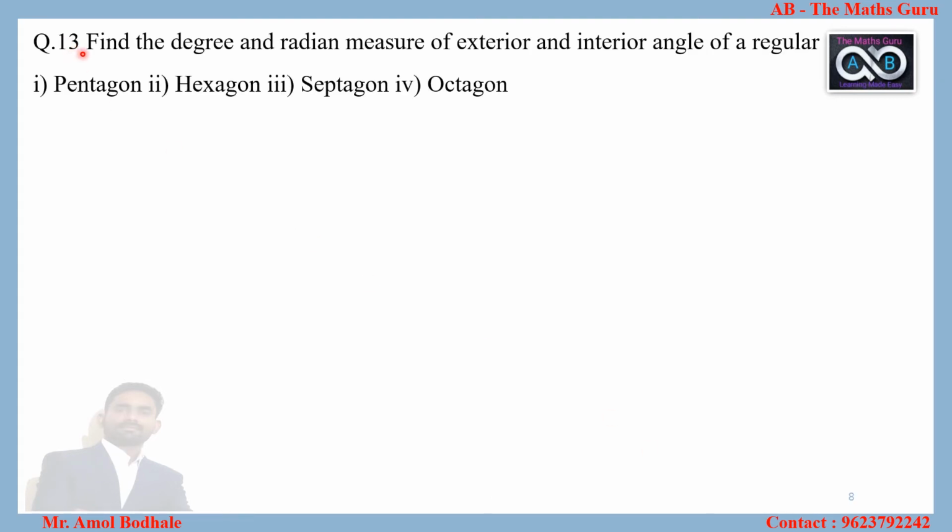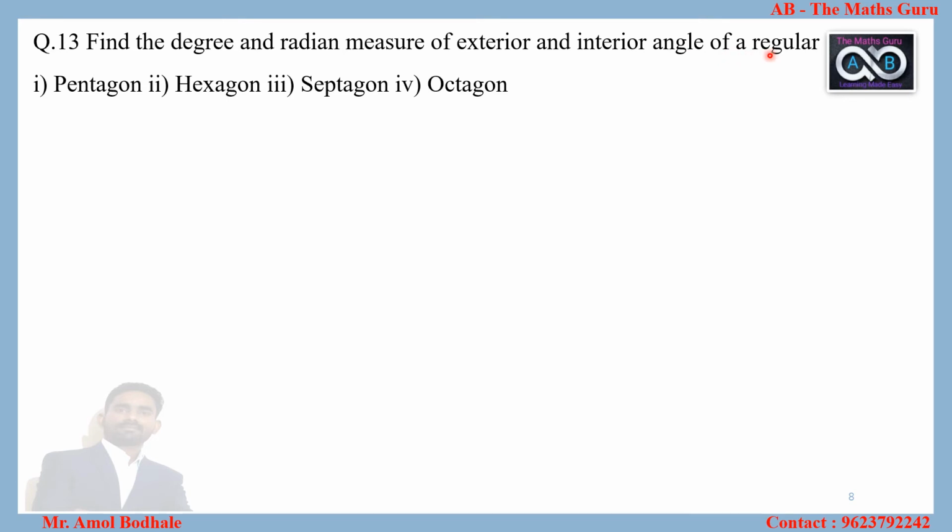Let's see the next example. Find the degree and radian measures of exterior and interior angles of a regular pentagon, hexagon, septagon or octagon. First of all, let's see the meaning of regular, pentagon, hexagon, septagon and octagon.